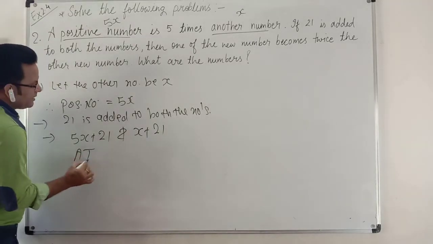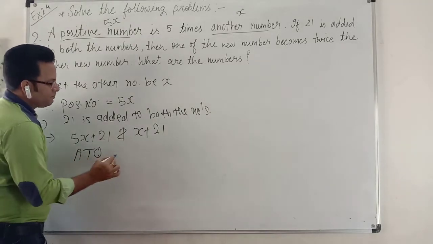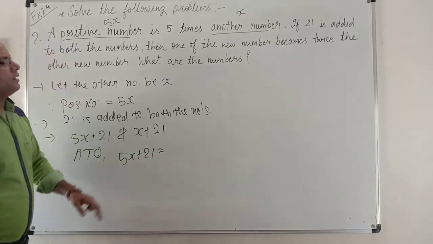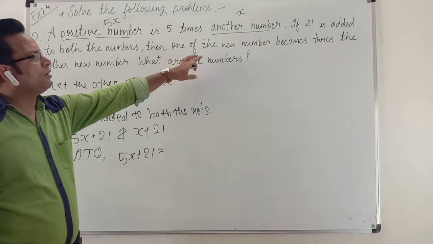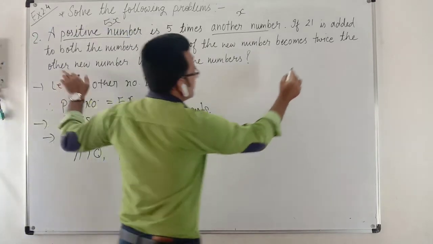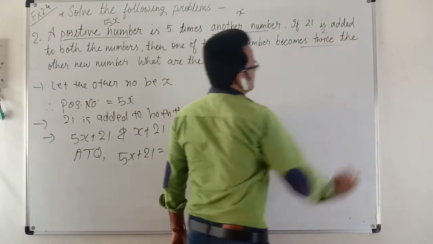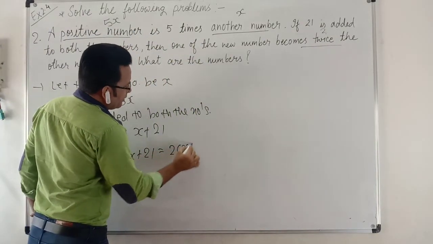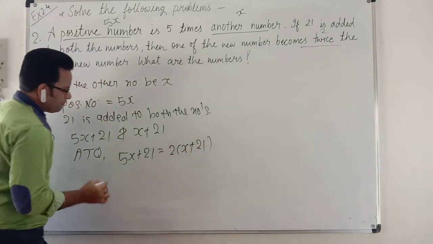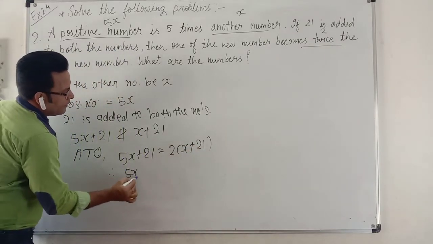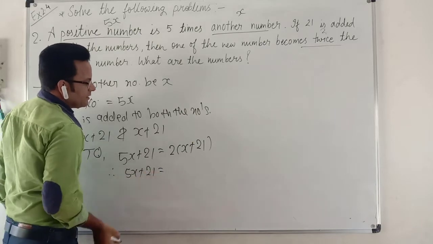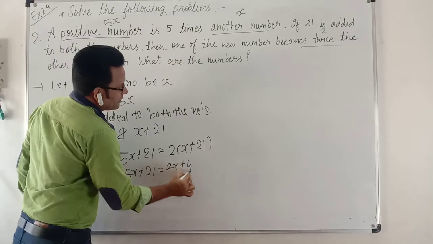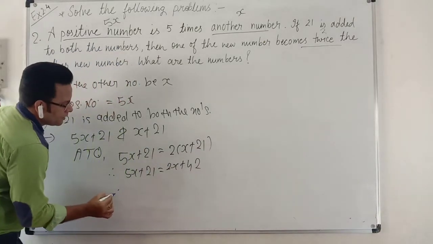Now according to the question, 5x plus 21 is equal to, now you have to read this line, one of the new numbers becomes twice. Twice means 2. So 5x plus 21 is equal to 2 into x plus 21. Therefore, 5x plus 21 is equal to, multiply the bracket with 2, 2x plus 42.